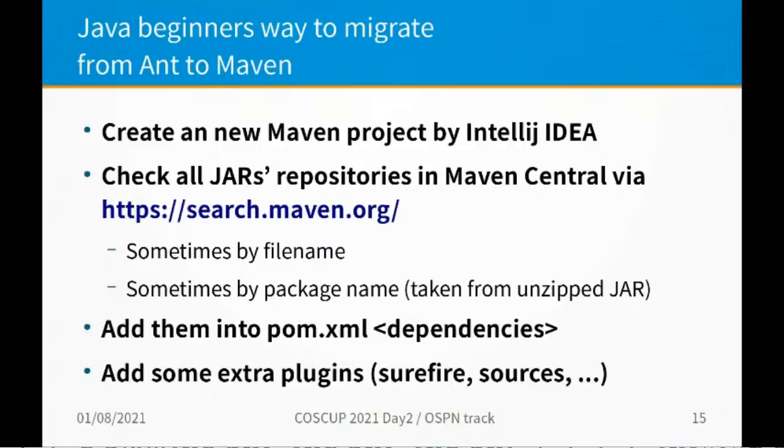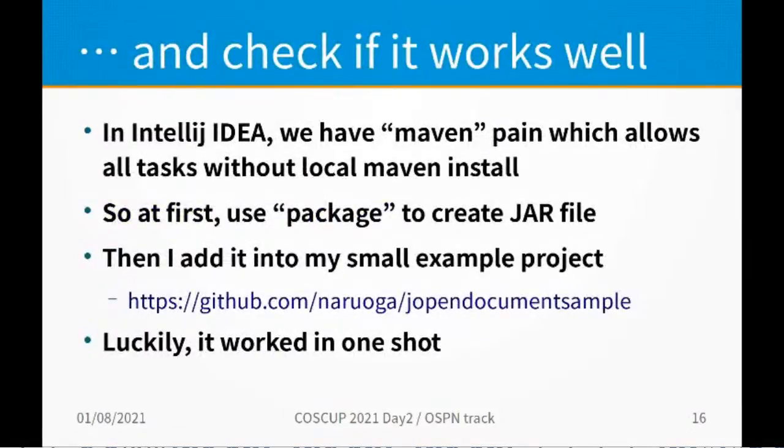And I added some extra plugins, for example the Surefire plugin or the Sources plugin or something else, so I can create the package with the source files and check if it works well.